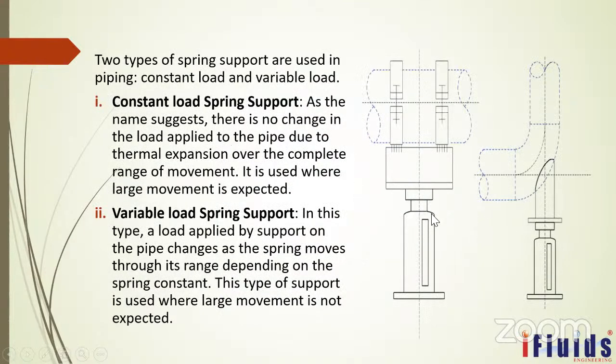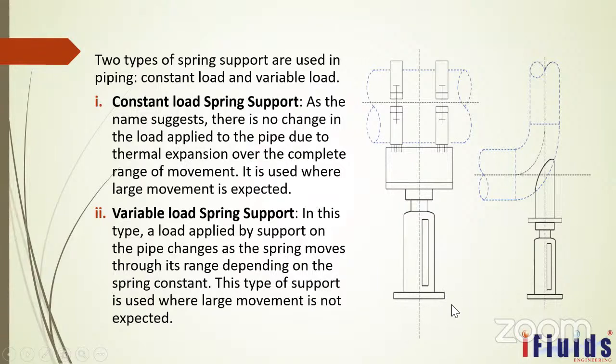This is the spring support. This will be a kind of box, a spring-containing box. Inside the box there will be a spring arrangement, like the shock absorber in our two-wheeler. The same kind of arrangement will be inside. Based on the flow, the shock load will be absorbed by the spring, and this base will be bolted to the secondary structure.